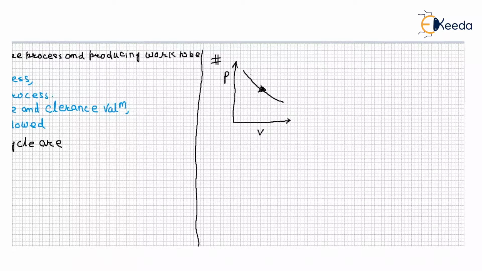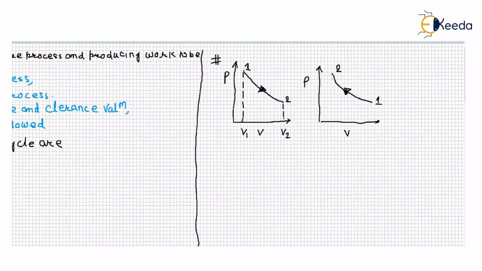This is a process 1 to 2, and on another PV diagram, the same PV diagram, there is another process 1 to 2 in the upward axis, right? In this one, there is V1 and this is your V2.